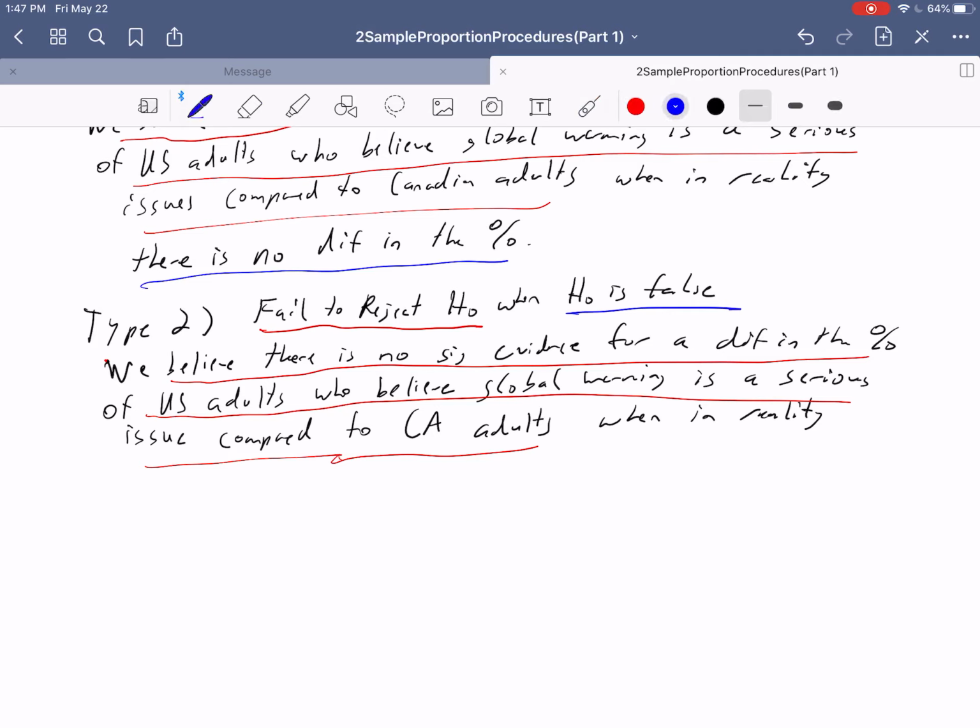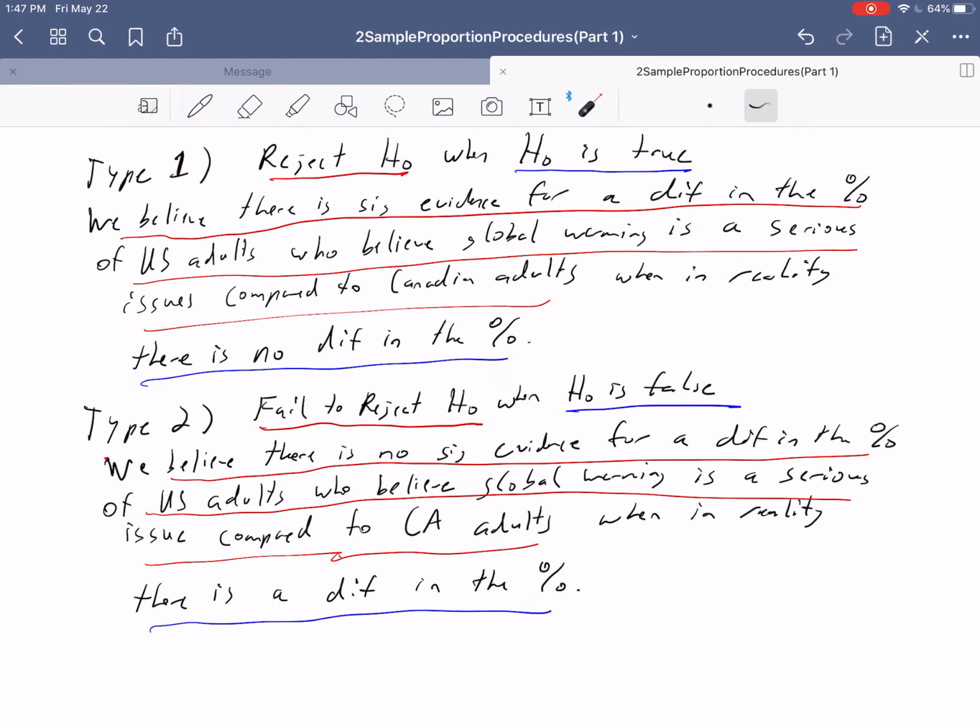So when in reality, there is a difference in the percentage. And that little part right there would be describing H0 being false.